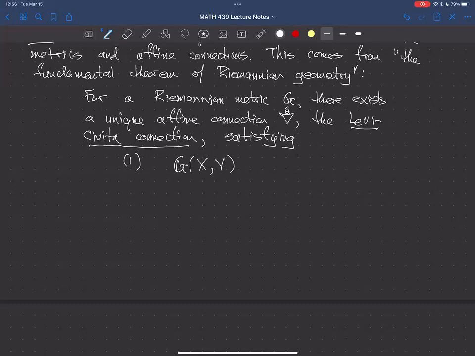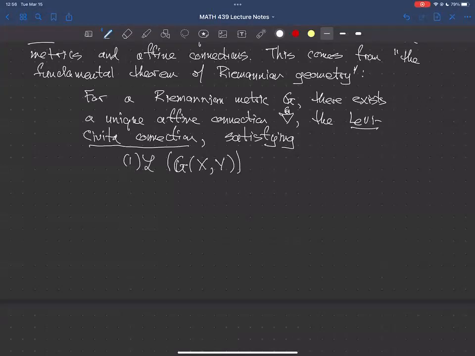G is an inner product on each tangent space, so if you give it two arguments like x and y, at each point it gives you a number. Therefore G of x, y is a function on M. As a function, I can differentiate it with respect to another vector field.